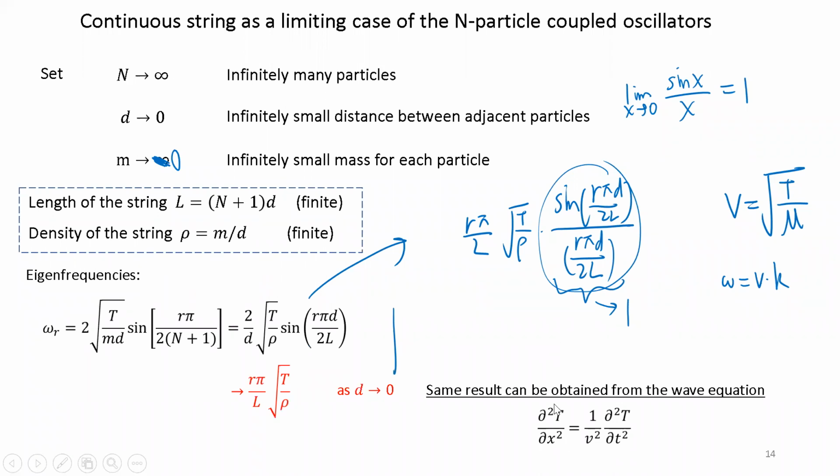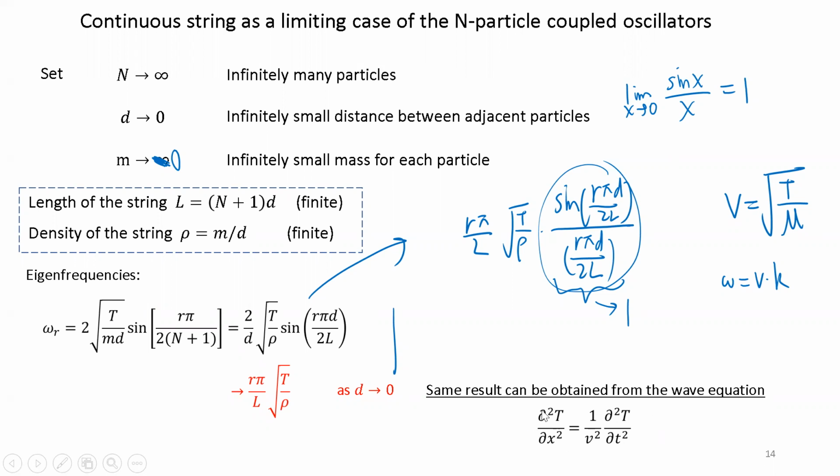I'm not sure if you have learned that before, but this result, v equals square root of T divided by mu, can also be directly derived from the wave equation. Or rather, the wave equation itself can be derived by starting from considering a continuous string.